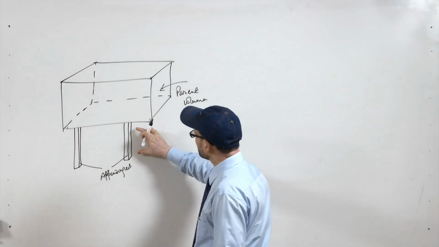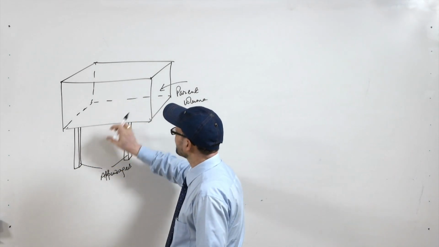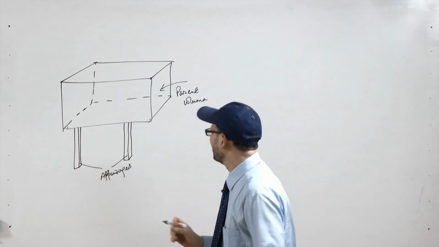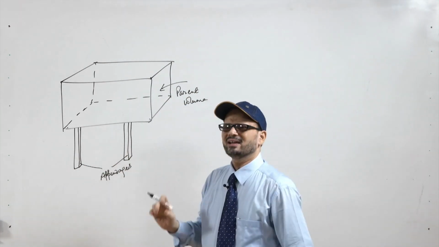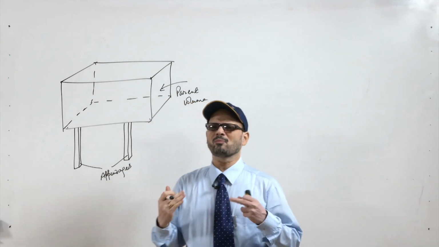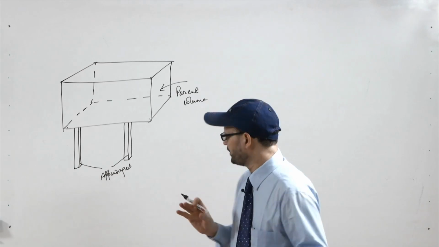Now, if there is a projection to this casting in this form, with thin surfaces, if they are very thin components, then it does not require much material and there is also no problem of shrinkage.